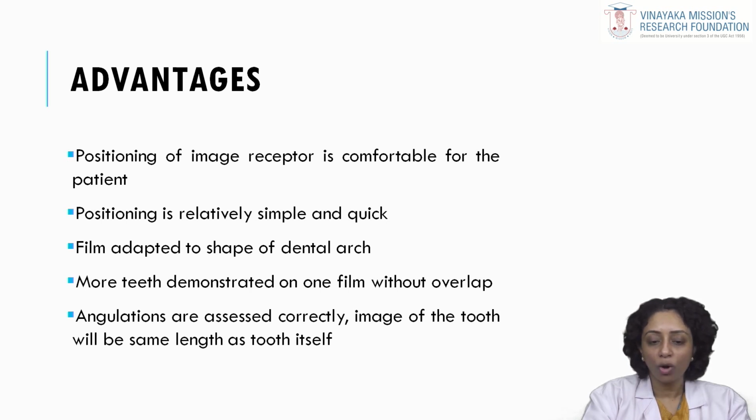Once we get the vertical and horizontal angulation in a proper way, we get an exact image, and the film will be easily adapted to the dental arch, and you can accommodate more teeth in a single film without overlapping. When the horizontal angulation is improper, the error of overlapping occurs, which can be avoided if the horizontal angulation is 0 degree. So these are the advantages of using proper angulations. If we assess with the help of the anatomical landmarks, we get the exact length of the teeth, which can be reproduced in an image receptor.